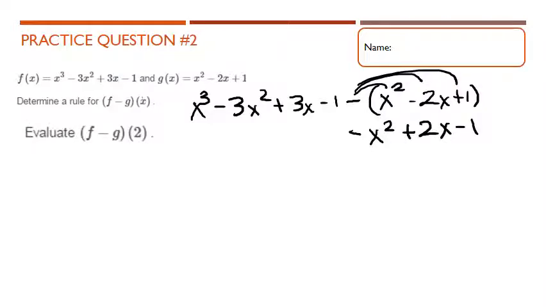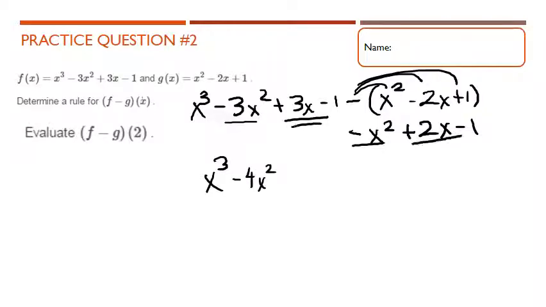And then just bring all this down. I'm just going to leave it like that. And combine. So we write our x cubed. Now look at your x squared. So it looks like we have minus 3x squared minus x squared. So that gives me a negative 4x squared.